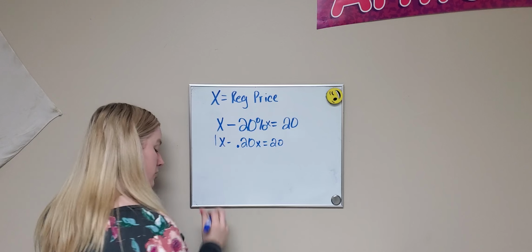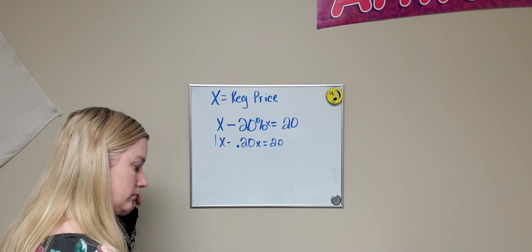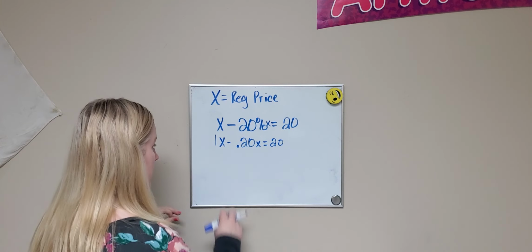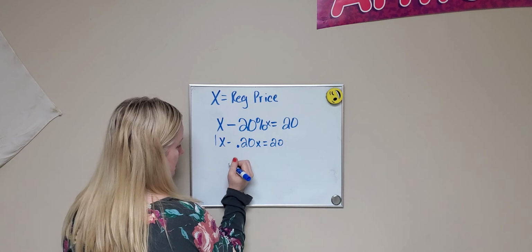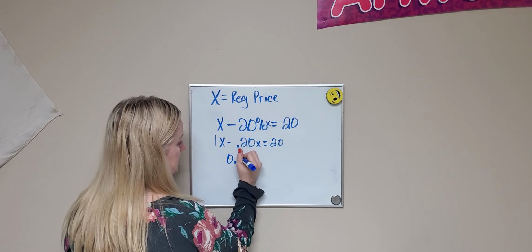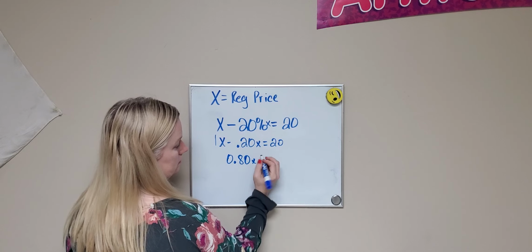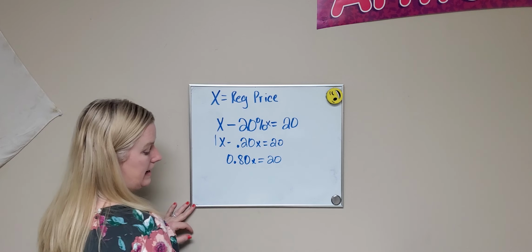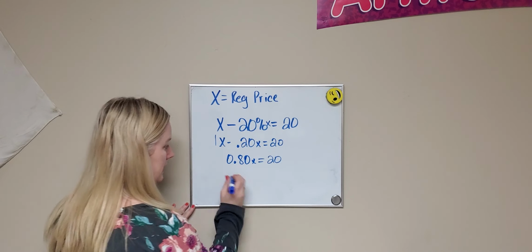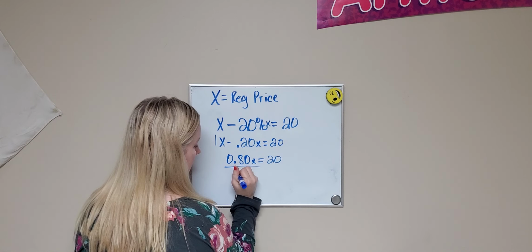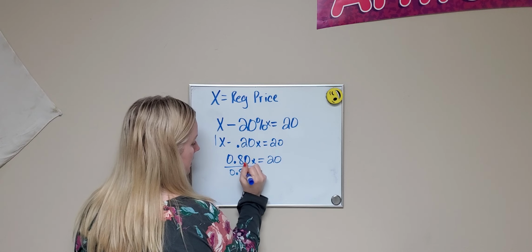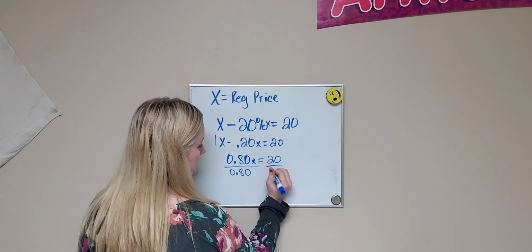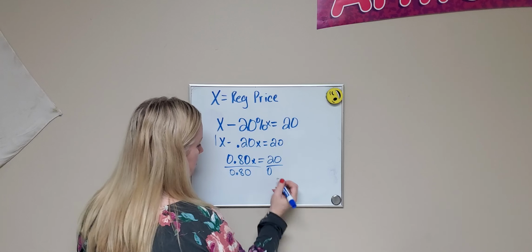All right, remember, there's always an understood 1 there. So when I do 1 minus 0.20, I'm going to get 0.80. And then I need to get X by itself, so I'm going to divide both sides by 0.80.